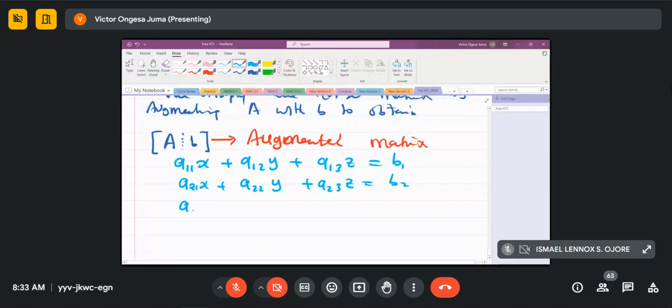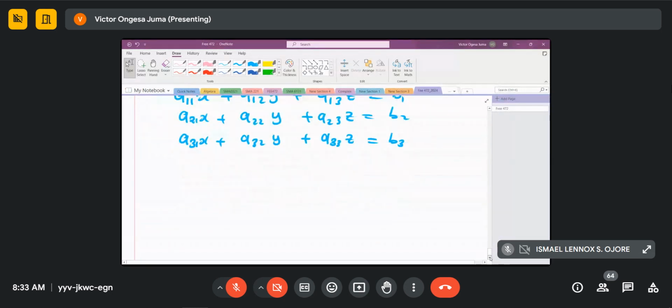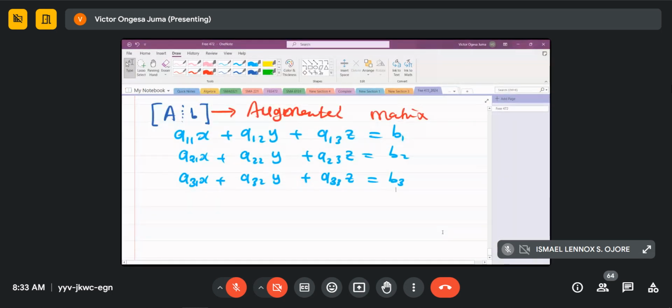And then A31 X plus A32 Y plus A33 Z is the same as B3. So consider this system. And in this system, I said the first procedure is you identify the matrix A and write an augmented matrix. So that's step 1.